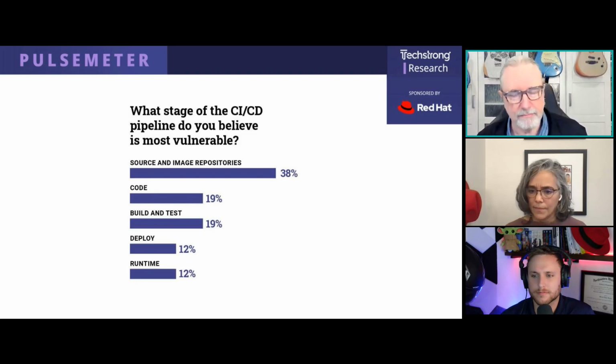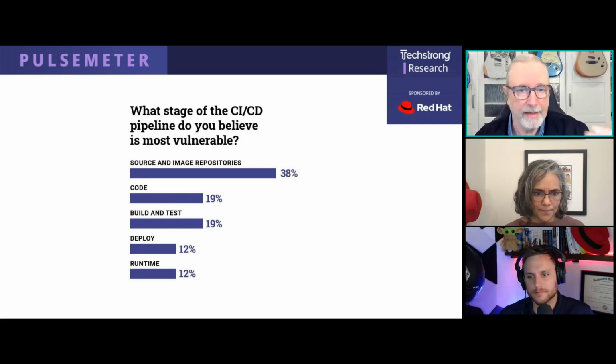I assume they mean the CI/CD pipeline, and this is point out one, right? Any of those stages potentially can introduce vulnerabilities. And there are scanners for source images, there's code scanning, there are a lot of other techniques to protect not just code, but also against pipeline poisoning, injecting something into the process, like we've seen with some compromises along the way.